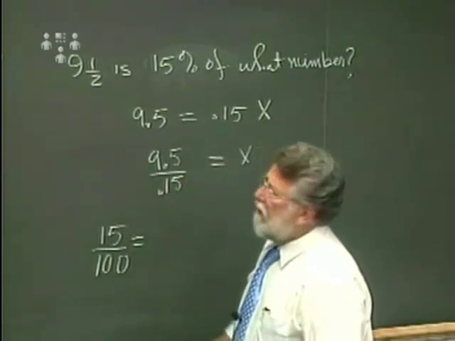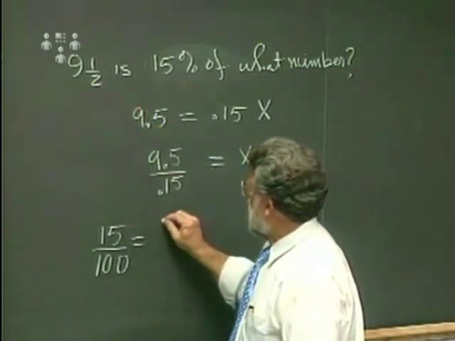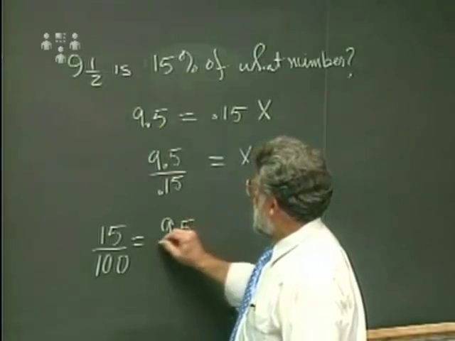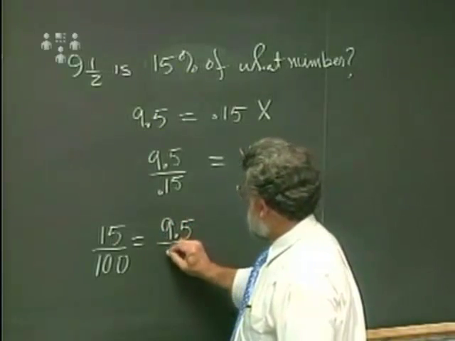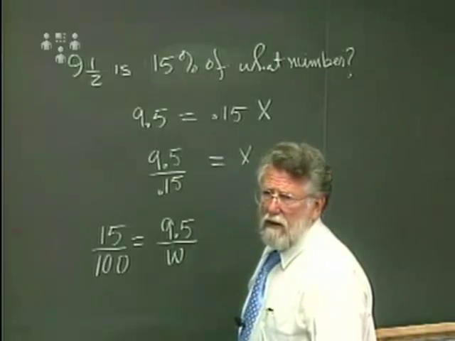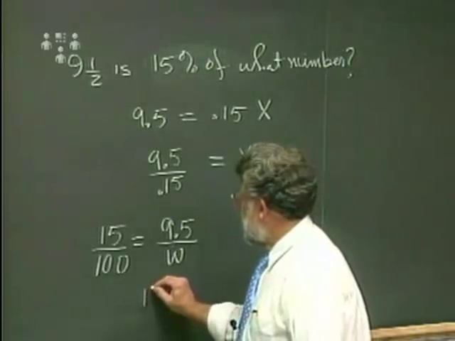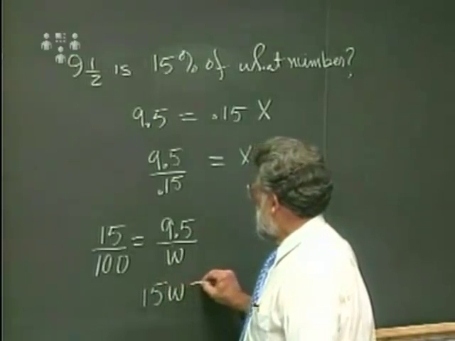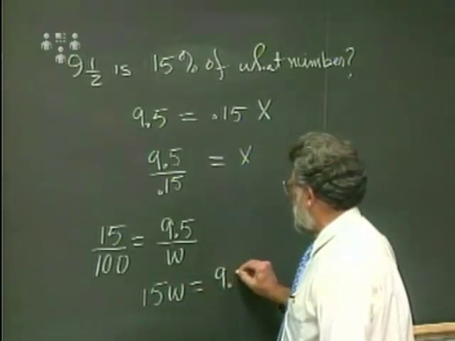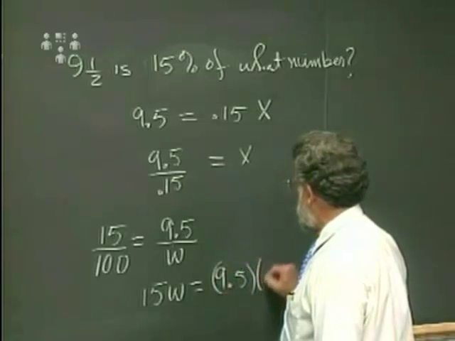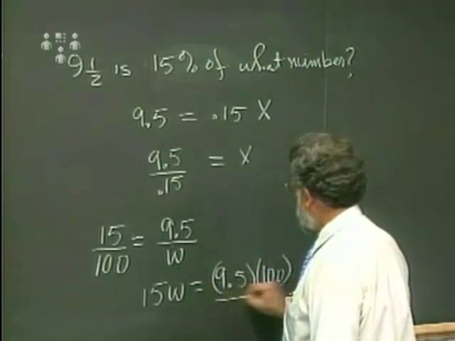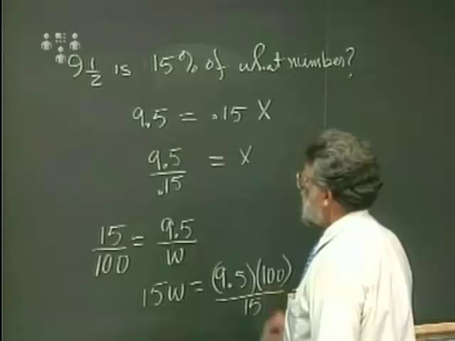And now, this is to be my part, 9.5 over my whole, which is W. And so now when I cross multiply, it's 15W is equal to 9.5 times 100.